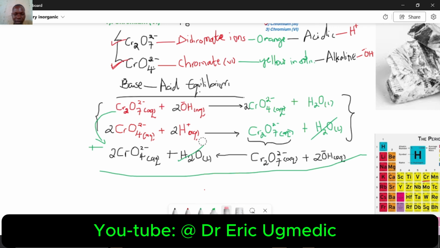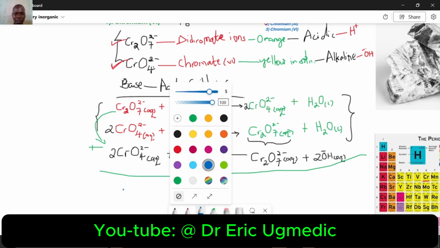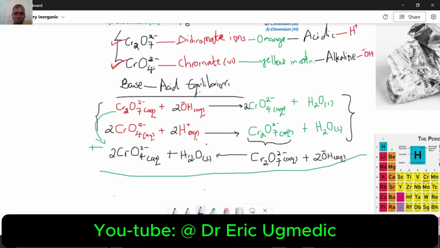Let me use a different color for a clear view of it. So water on the left will go with water on the right. What of the rest? Do we have to change anything here? Not really. So we can have these two equations added together.